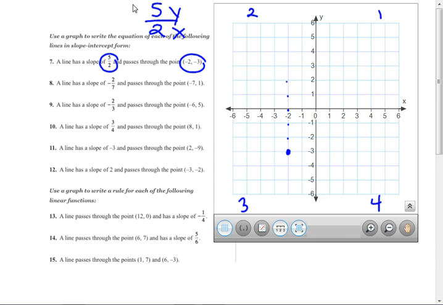Okay, Nick? Over 2. What's the y-intercept? What's b equal to? 2. So this equation is y equals 5 halves x plus 2.